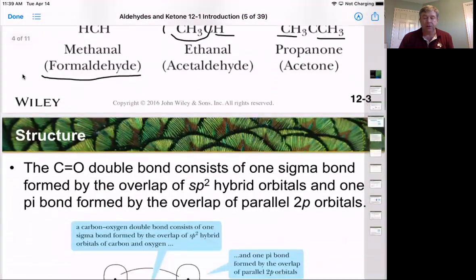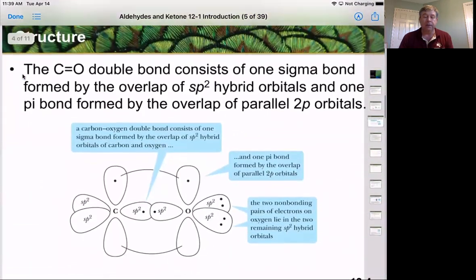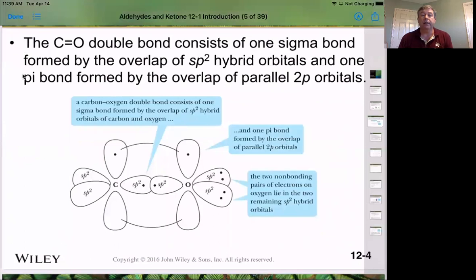Let's talk about the nature of the carbon-oxygen double bond. The carbon is sp2 hybridized, the oxygen is sp2 hybridized, and they share a sigma bond in that sp2 hybridization. Because it's sp2 hybridized, the carbon and oxygen are both trigonal planar and create a flat plane where the other two bonds to the carbon are, and where the lone pairs of the oxygen are.